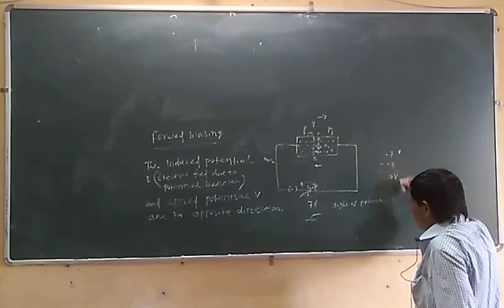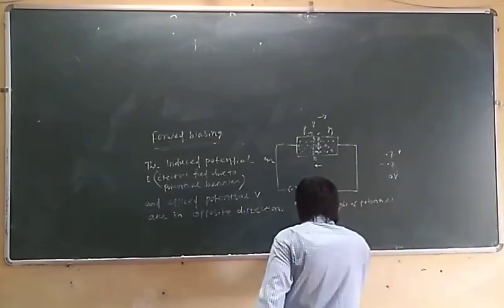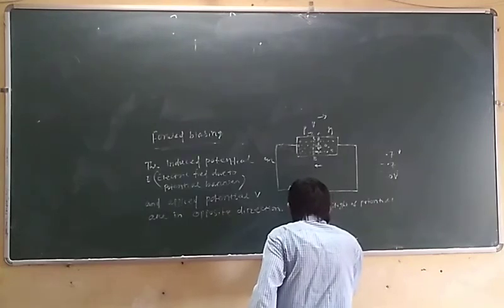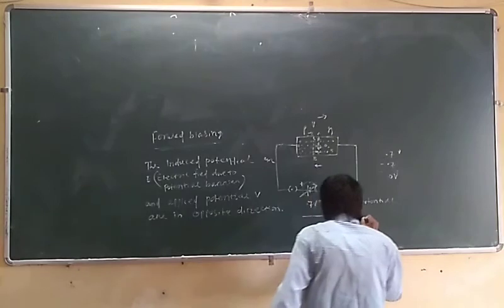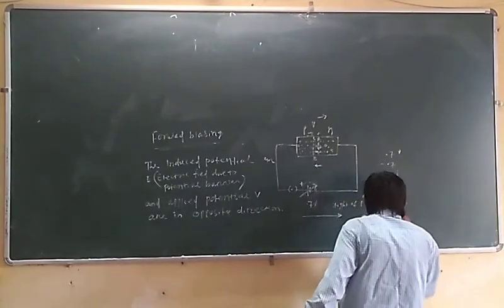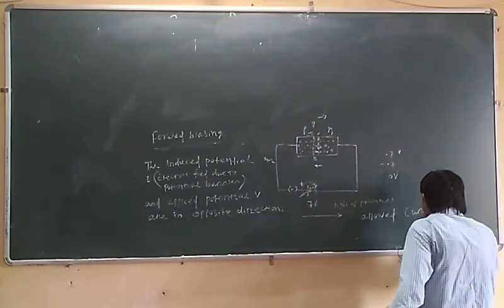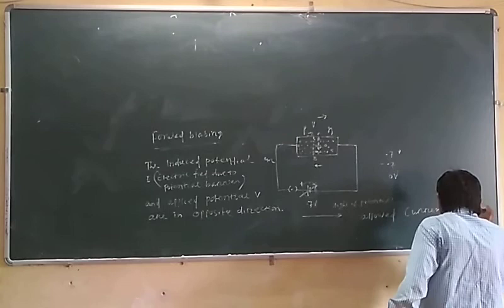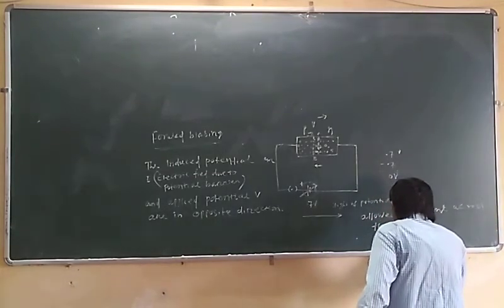In 0 volt there is no barrier potential, not opposing, so it is a straight line. Then it will allow current across the junction.